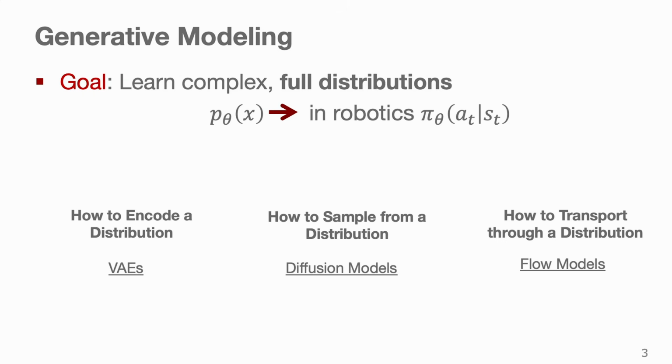We agree we need to learn the full distribution, right? And the question is, how do we actually represent this high-dimensional multimodal distribution? Today we will cover three families of generative models that try to answer this question from different angles, starting with autoencoders that learn a compact latent representation, then diffusion models that, rather than encoding structure, explicitly learn to iteratively denoise to clean samples, and then we'll finish with flow models that learn a deterministic invertible transformation that maps a sample distribution to a complex data distribution.